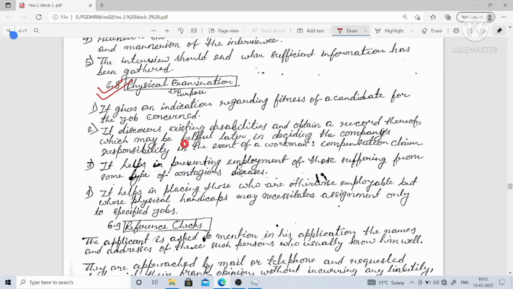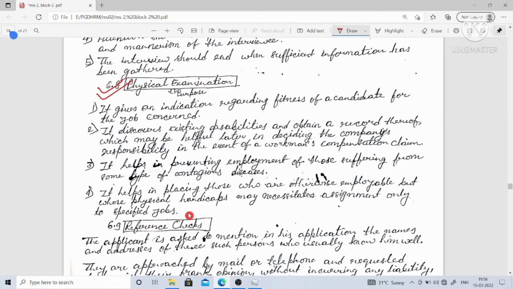It helps in preventing employment of those suffering from some type of contagious diseases. It helps in placing those who are otherwise employable but whose physical handicaps may necessitate assignment only to specified jobs. These are the four purposes of physical examination.